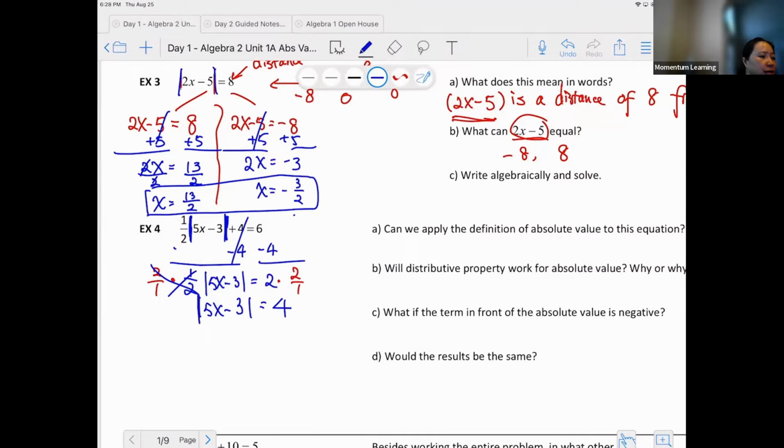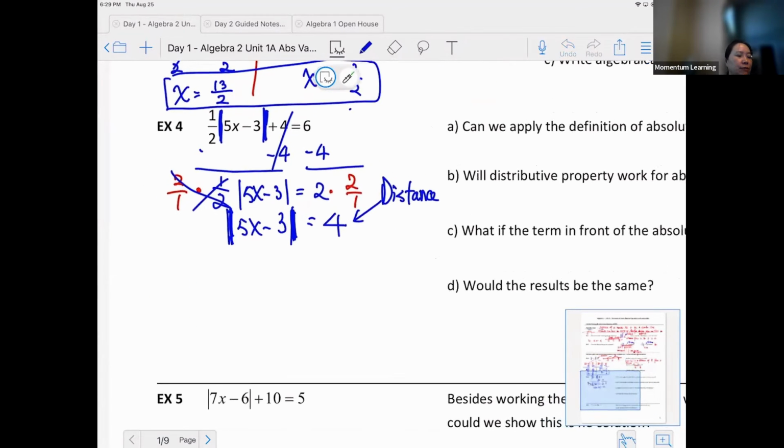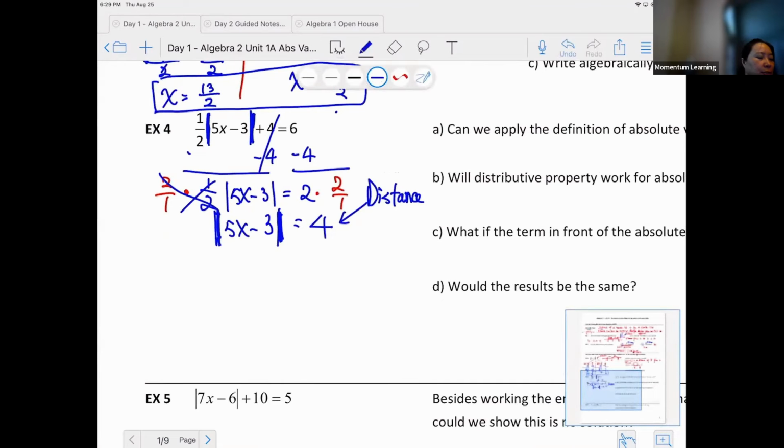Now that I finished isolating, I have absolute value equals what? Distance. So this one is actually the distance. Which means 5x minus 3 itself is a distance, 4 units from 0. So we can utilize example 3. Next we can split that.